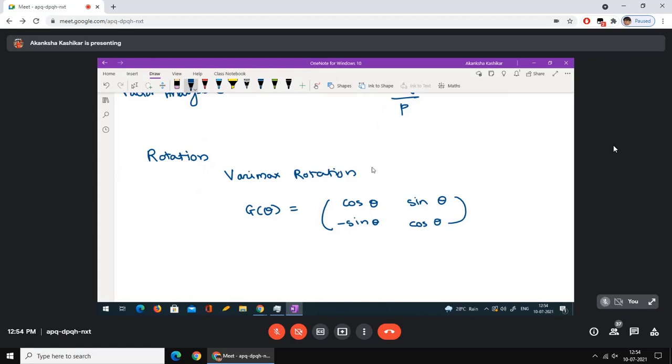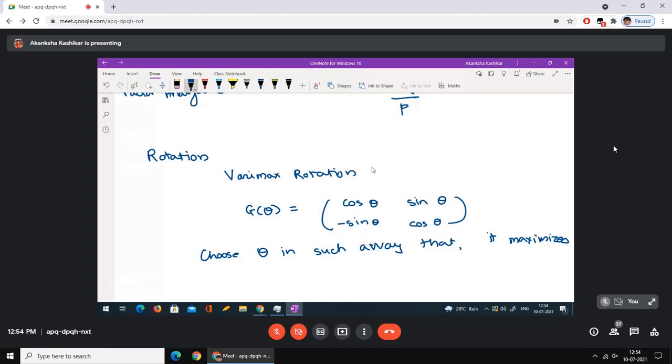So what Varimax rotation says is, choose theta in such a way that it maximizes, it is Varimax, so it maximizes some sort of variation.